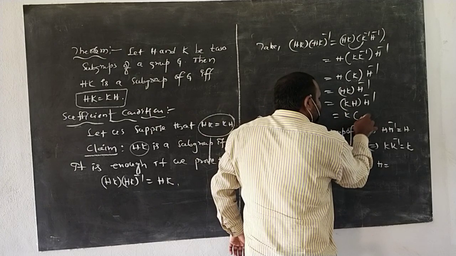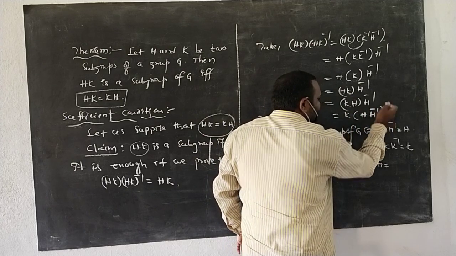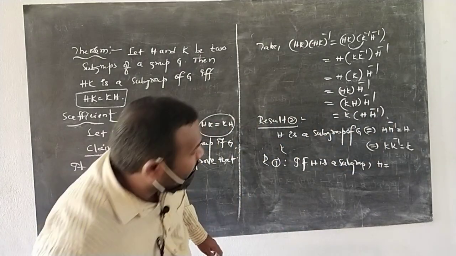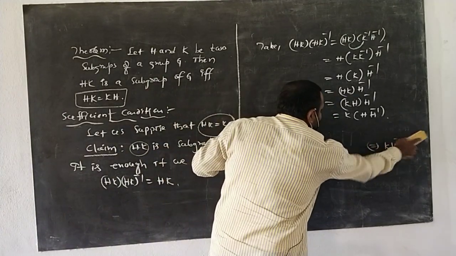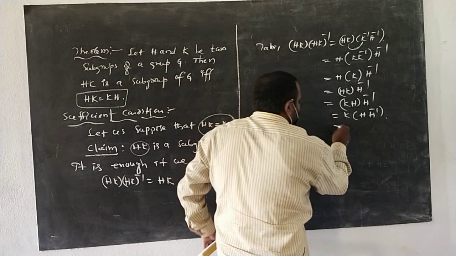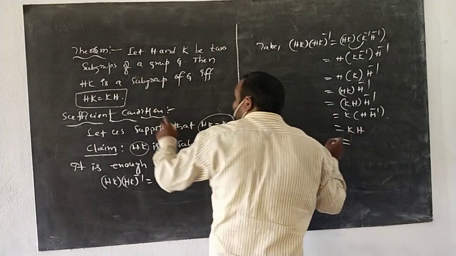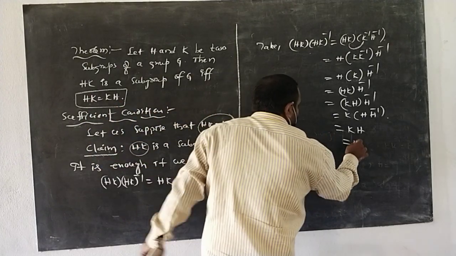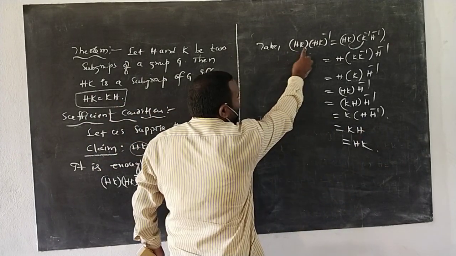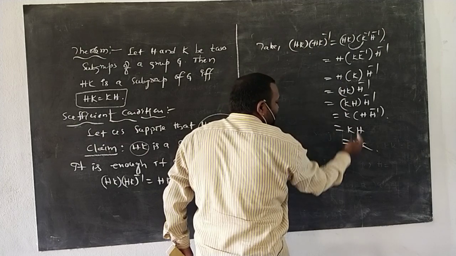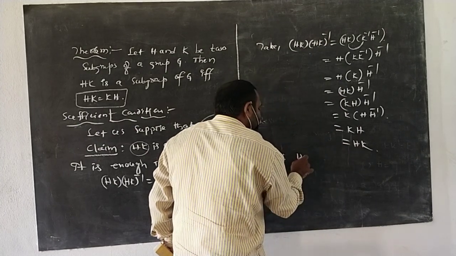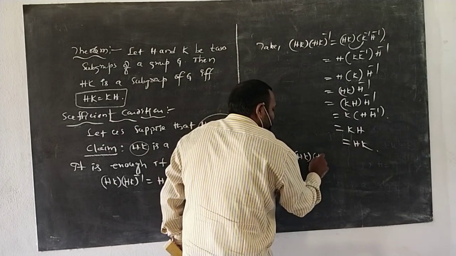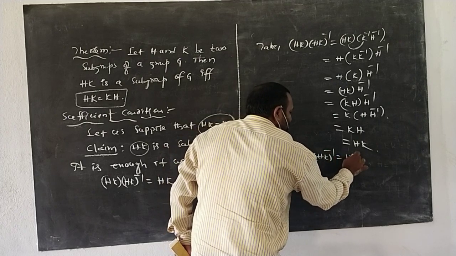Again you write K into H inverse. Again H inverse is what? H. KH. Again KH equal to what? HK. So we have taken HK into HK whole inverse, and we obtained HK. Therefore HK whole inverse equal to HK.